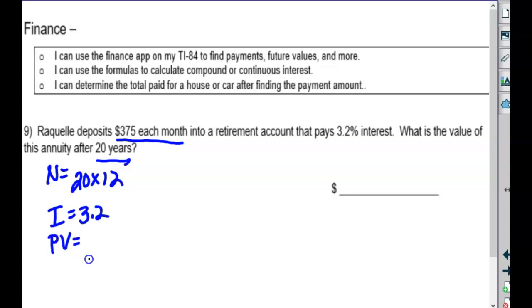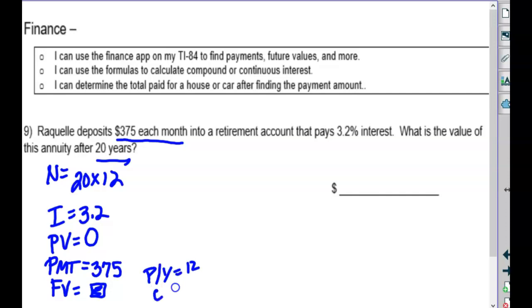This is where students get things backwards. It is 0. Payment she's going to make into it is $375. Future value is what we're trying to figure out. And then P per Y and C per Y are 12.